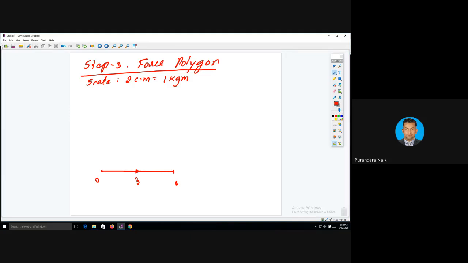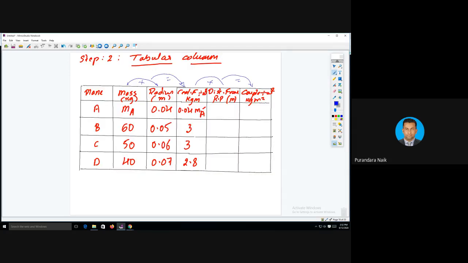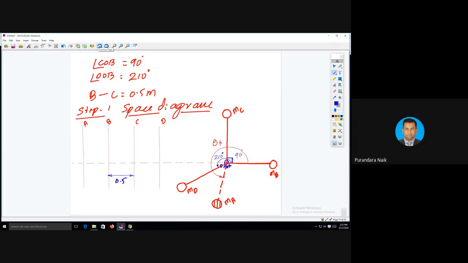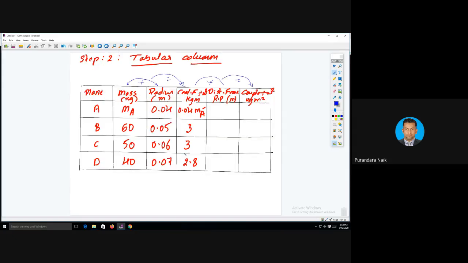Next, you need to mark a reference line at point A. Once you reach the extreme point, you need to draw a reference line. This is a reference line, drawn along the direction of positive x-axis because all the angles are measured from the reference line. The next one is mass C. Mass C is inclined at an angle of 90 degree, but the magnitude of centrifugal force C is 3.